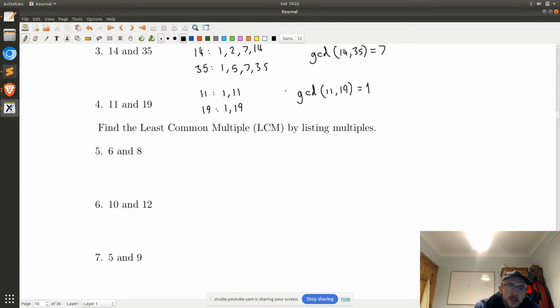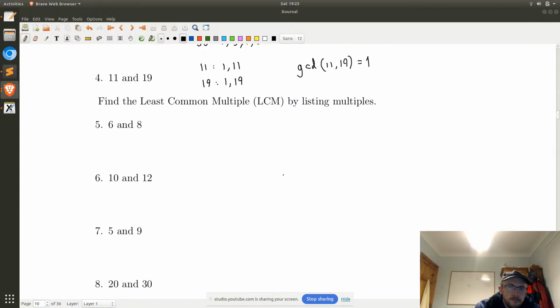And now, similarly, we are to find the lowest common multiple of a pair of numbers by listing multiples. But wait a minute, you can never run out of listing multiples. So what do?